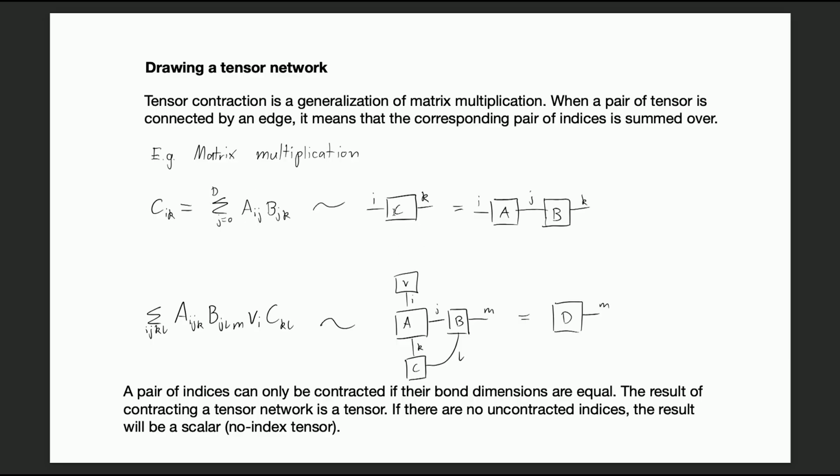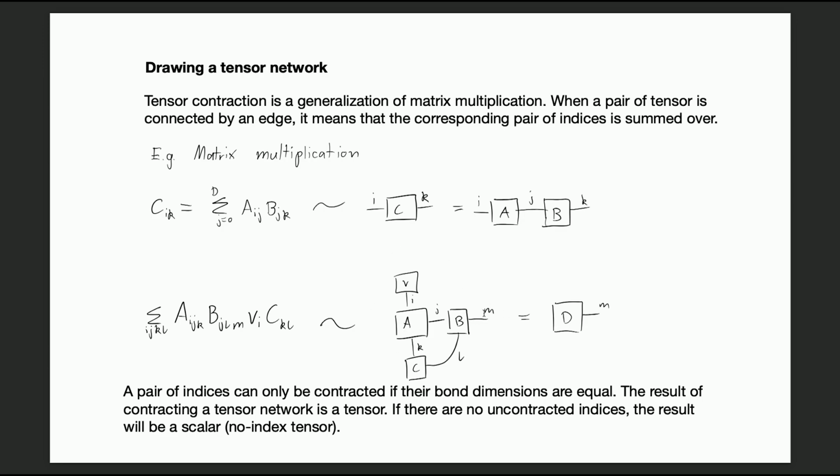The way you would illustrate this graphically is that you have the two tensors corresponding to your matrices, and you join the index that gets summed over. So tensor contraction is basically just a generalization of matrix multiplication. And beyond simple matrix multiplication, you can imagine more complicated contractions like what I've illustrated here, where every time you have an edge connecting two tensors, you imagine summing over that index.